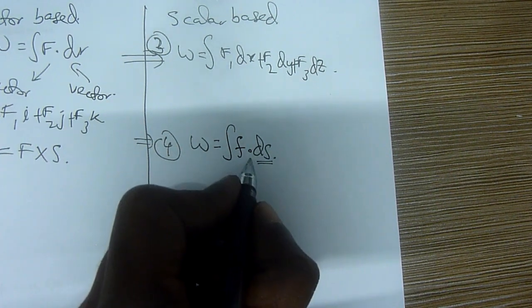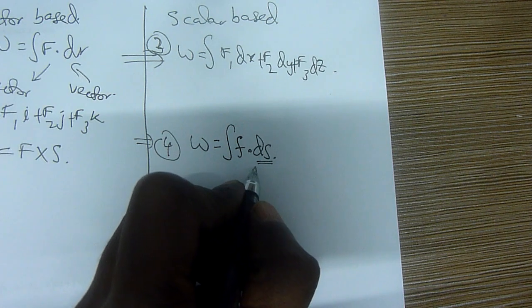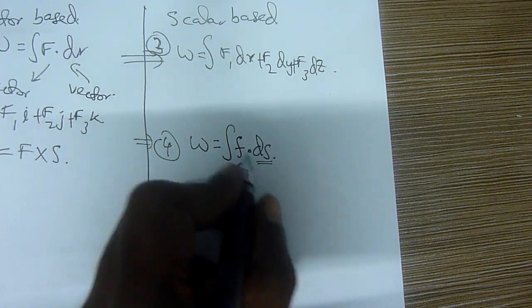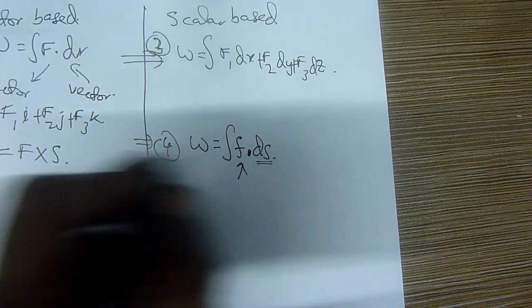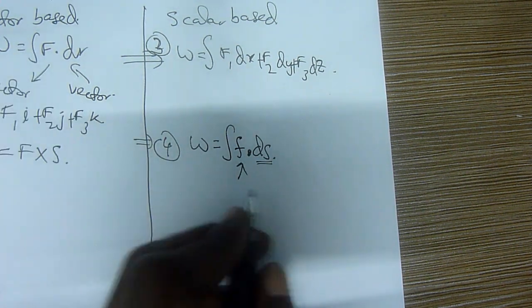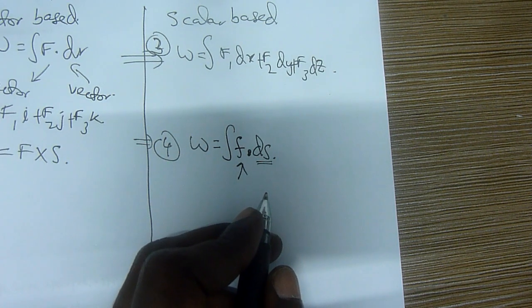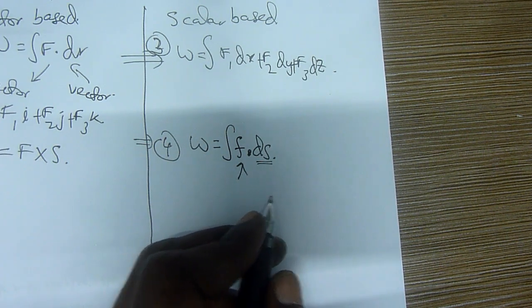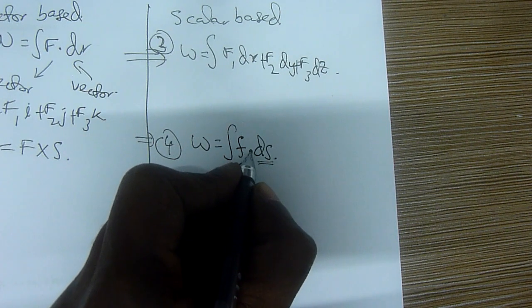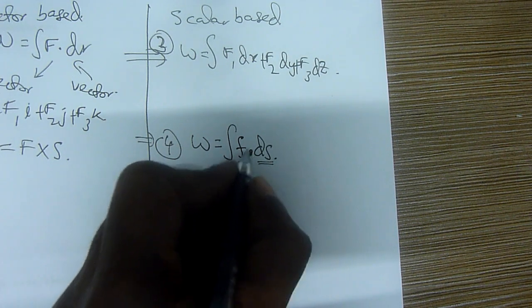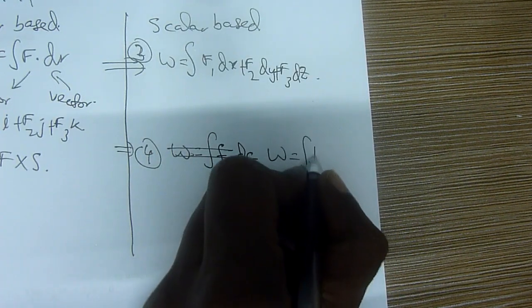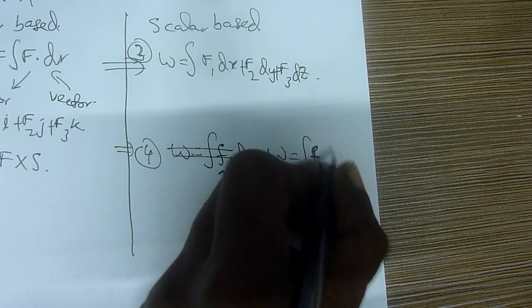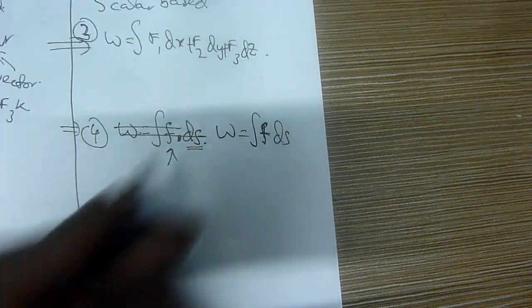Is this a vector? No, actually both are scalars. Can I say what this dot means? Is it a dot product? No, actually this one is a times. Sorry, can I remove this? Okay, I just write it like this, F ds. No dot product here.